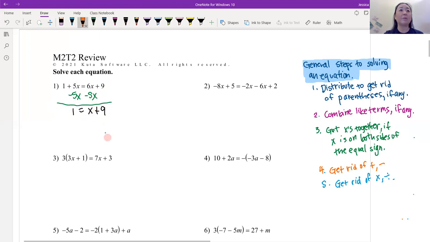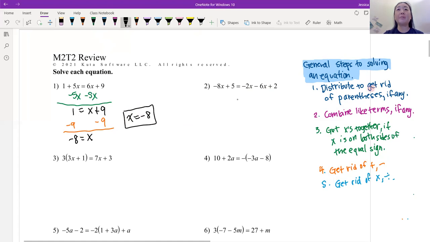That is orange. So we're going to do minus 9, minus 9. 1 minus 9 is negative 8, is equal to x. And here, I don't have to get rid of the multiply or divide because there's nothing to get rid of. So this is my answer just like this, x equals negative 8. Boom, just like that. All right, so moving on to the next one.